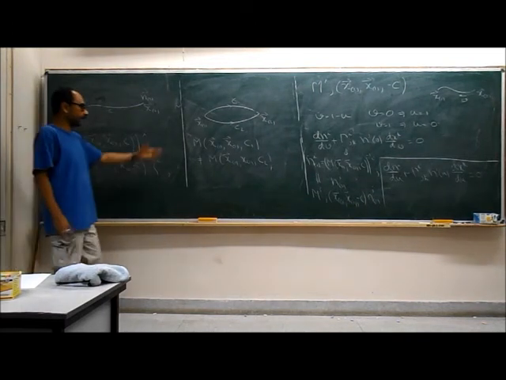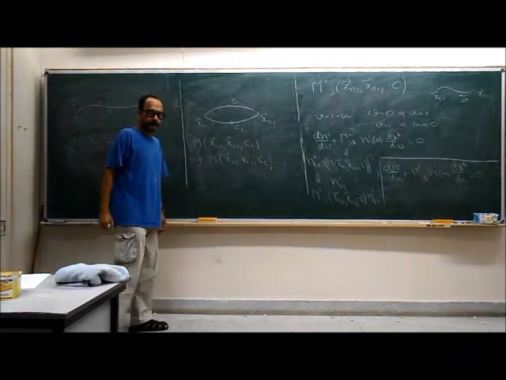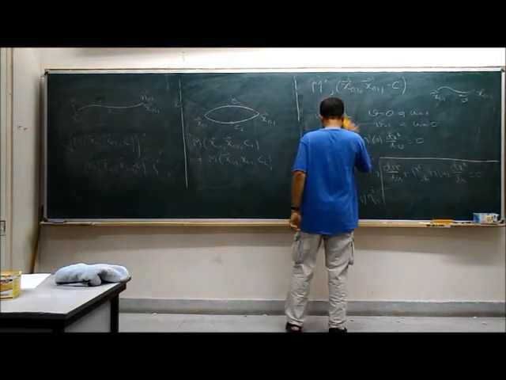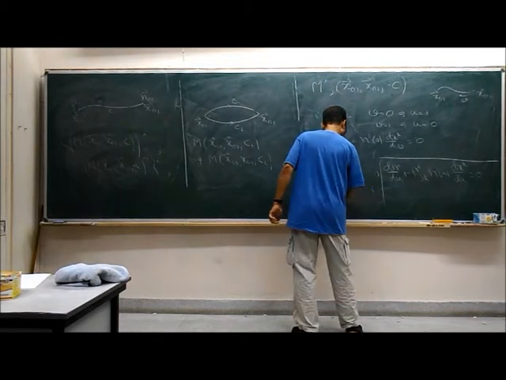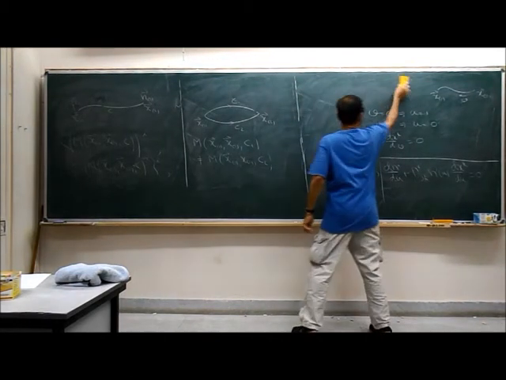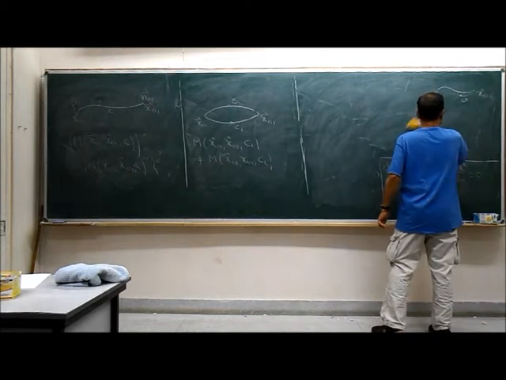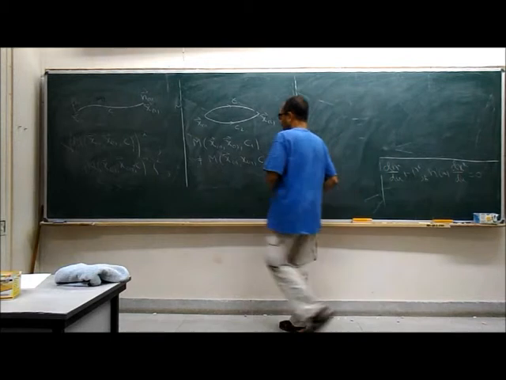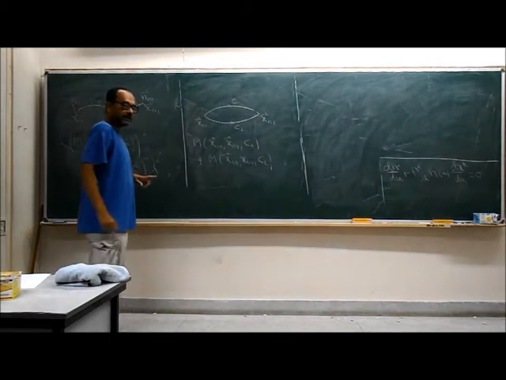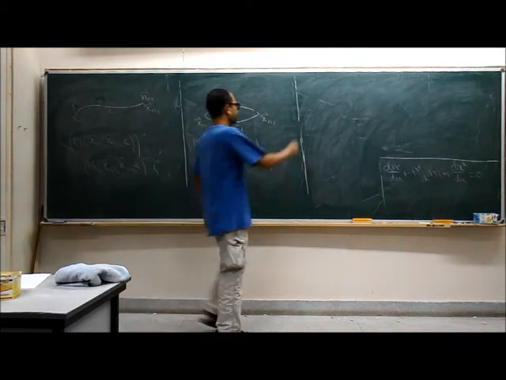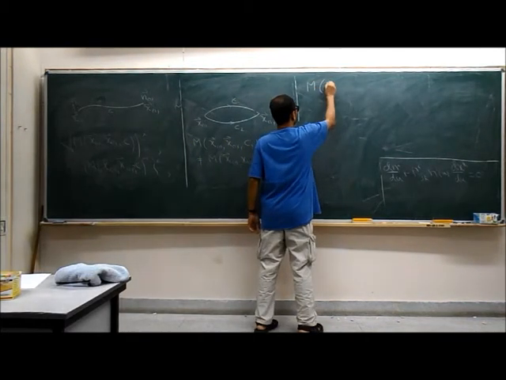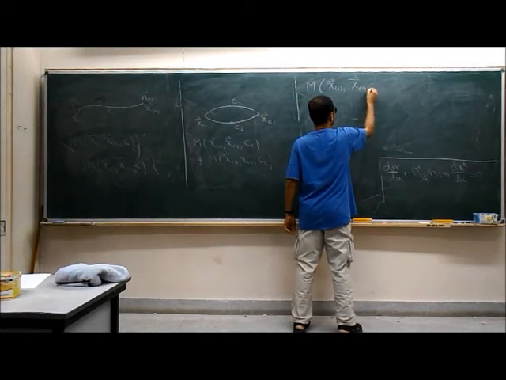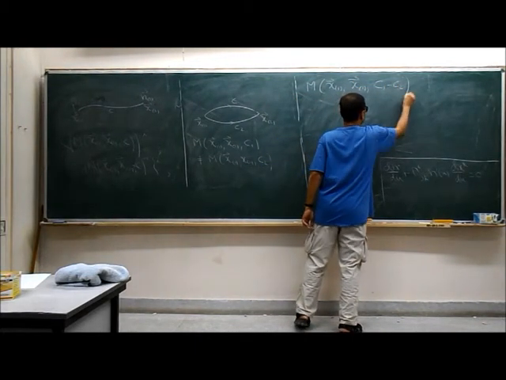But in general, there is no reason to expect that these should be equal. Now consider the following object: M(x1, x1, C1 minus C2).